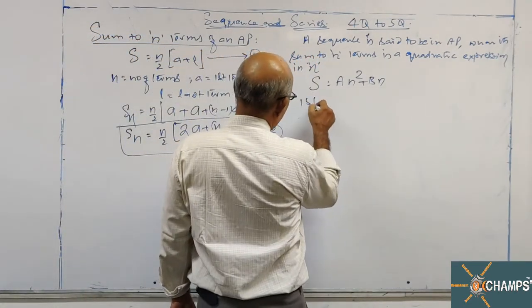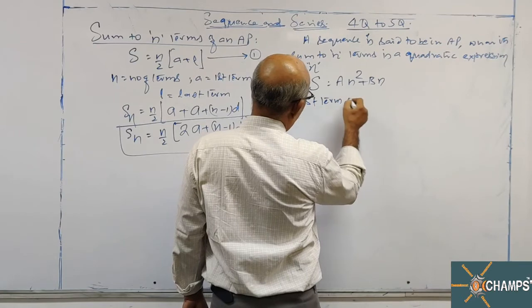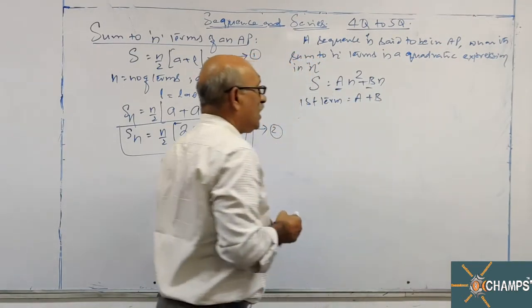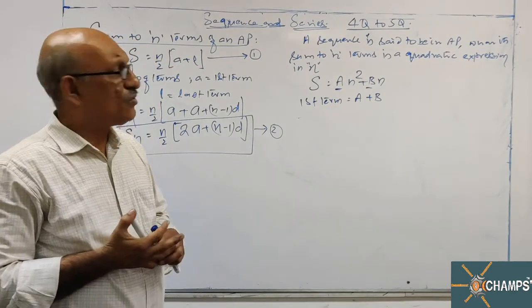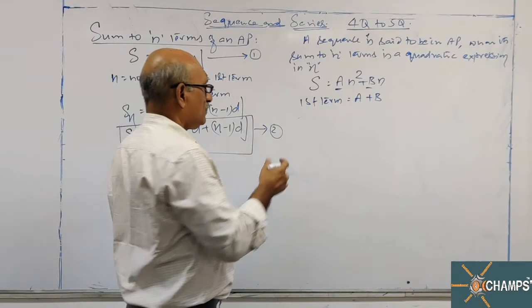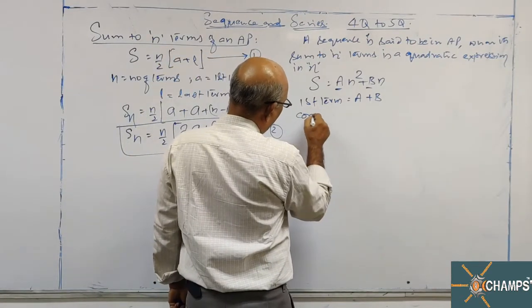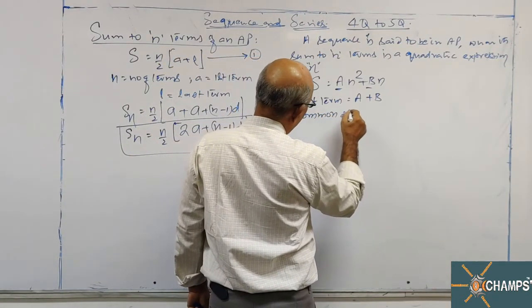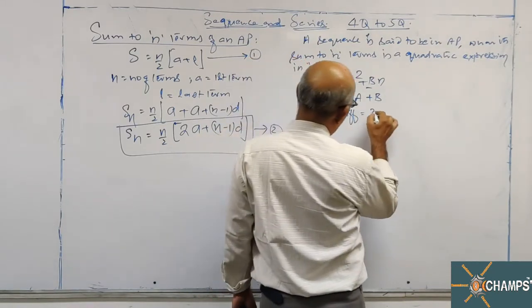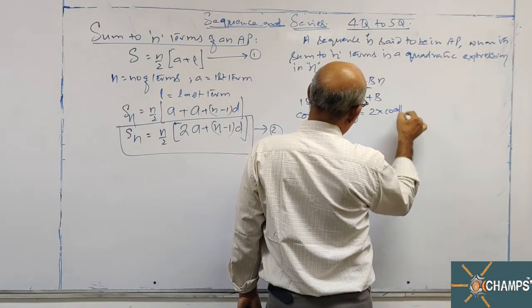So once again, the first term is required. Add the two constants: coefficient of n square plus coefficient of n is equal to the first term of the sequence. Common difference is equal to 2 into the coefficient of n square.